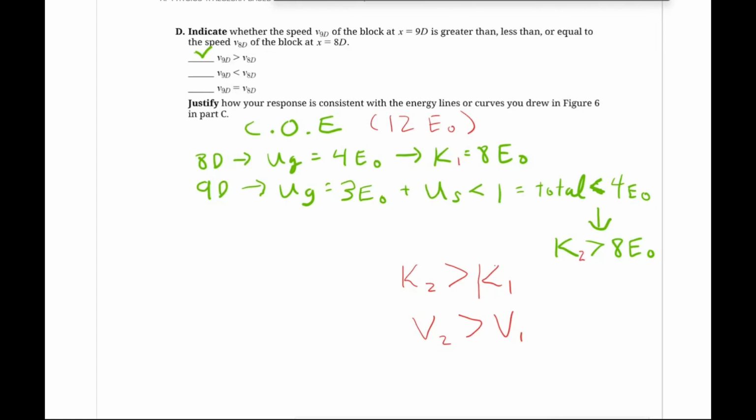At 9d, my UG equals 3 E naught plus a spring potential energy that is less than 1, very slightly less than 1. Therefore, my total of those two is slightly less than 4 E naught. That means that my K2 is slightly greater than 8 E naught. And if K2 is greater than K1, then my v2 has to be greater than v1.